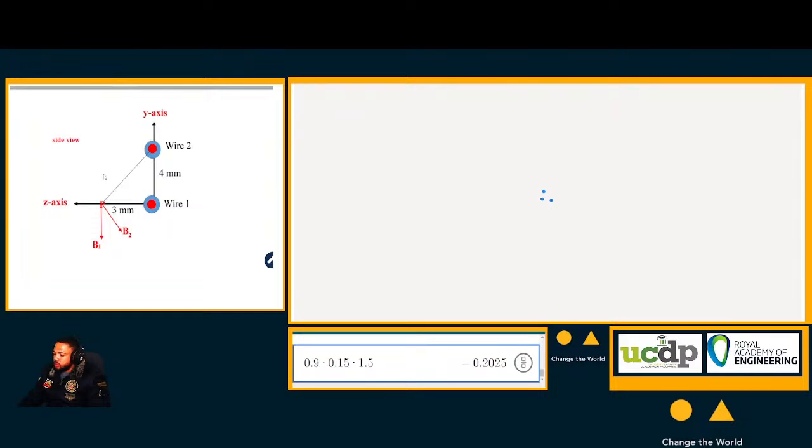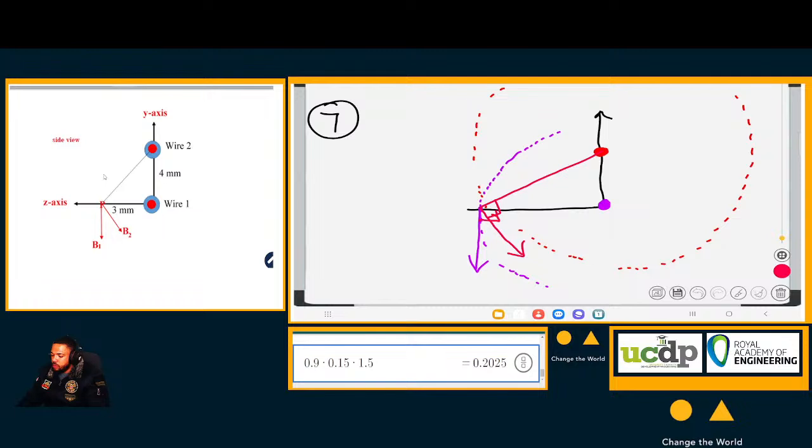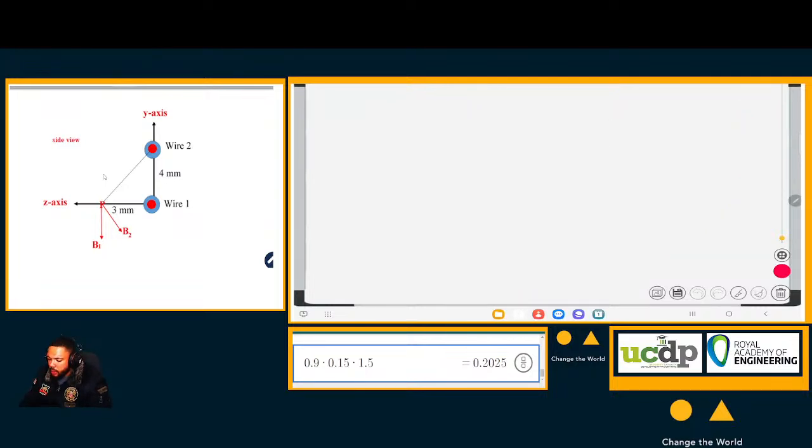So this is the situation. We have a line going down, and we have a line B2 going in that direction, and then we have B1 here.